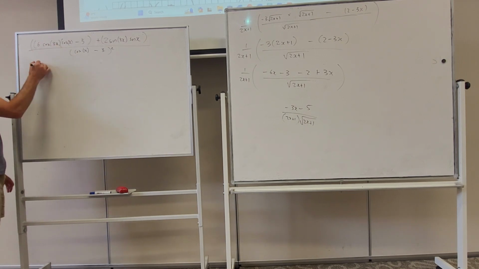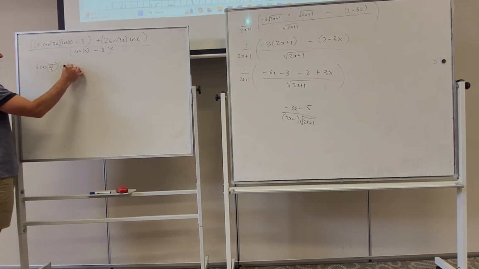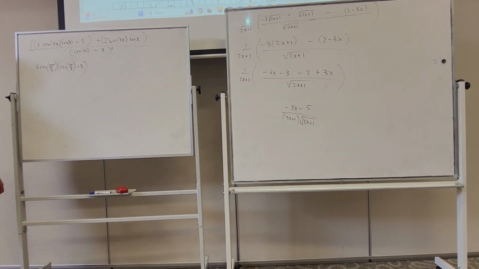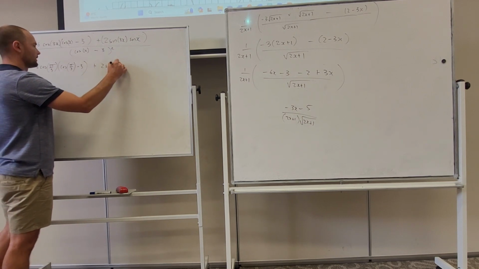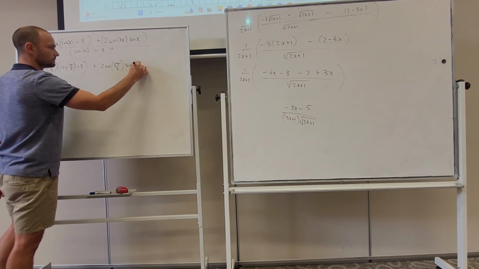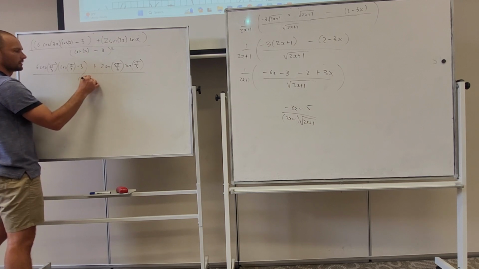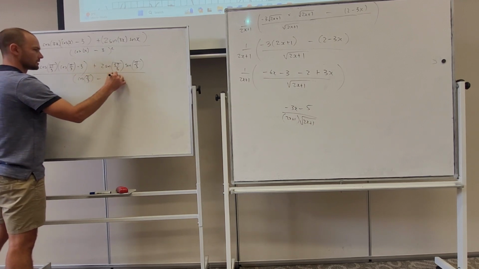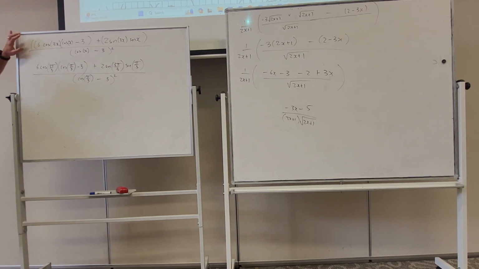All right, so what that makes it is 6 cos of 3 pi on 3 multiplied by cos of pi on 3, take away 3, plus 2 sine of 3 pi on 3 sine of pi on 3, all on top of cos of pi on 3, take away 3, squared. All I've done there is substitute pi on 3 where the x is into the function we're given.